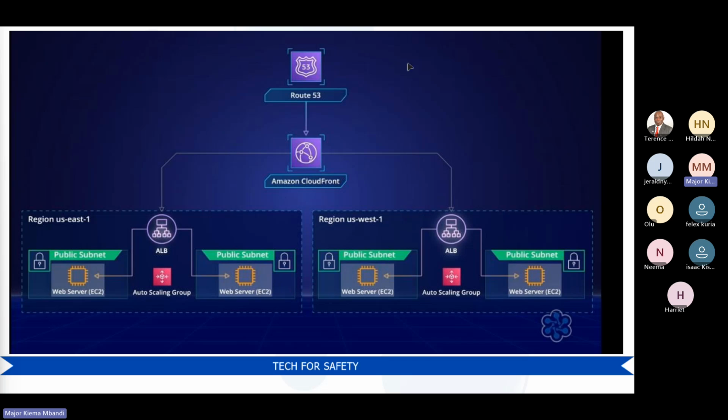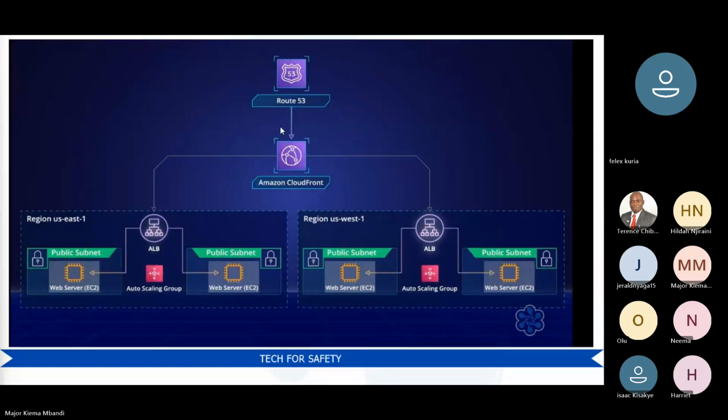Now when you come to multi-region, you can see the application load balancer can only balance traffic in a single region because it's a regional service. But when you are doing multi-region deployment, you need to make use of Route 53.